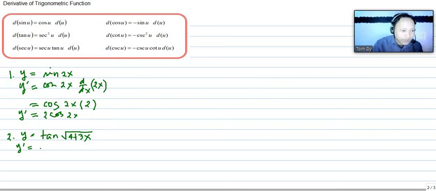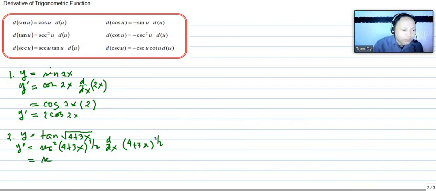So that is secant squared of your u, which is 4 plus 3x raised to 1/2, times the derivative of our u, which is 4 plus 3x raised to 1/2. So we have y prime, because again we will write this.